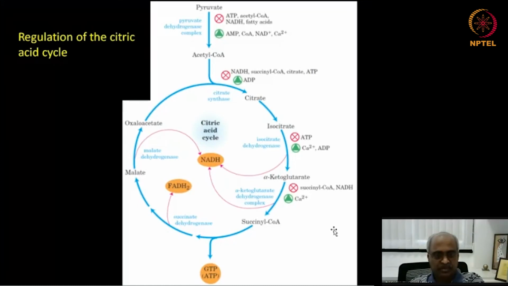Sometimes the immediate product or substrate, and sometimes the overall product or substrate of the pathway. So this is the main regulatory mechanism we need to remember. In addition, there are hormones that regulate the gene expression, like genes that encode these enzymes. They are subject to regulation at that level as well.